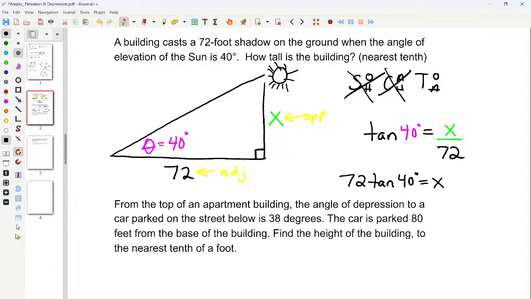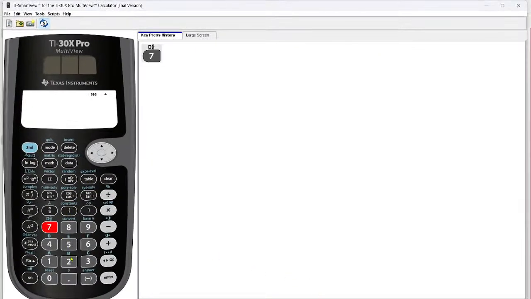And it's only once you have your variable isolated that you should pick up your calculator for the first time, right? So 72 tangent of 40, and you'll get a value of about 60.415, blah, blah, blah.